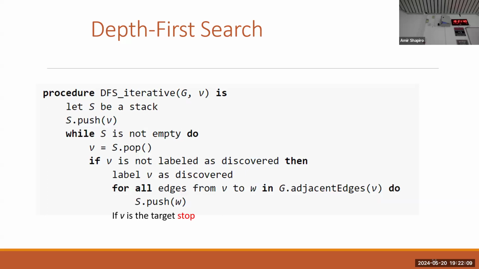If V is the target, then stop, because we found the way to the target, and we can go back along the back pointers of V to its parent, then to its parent, and so on.